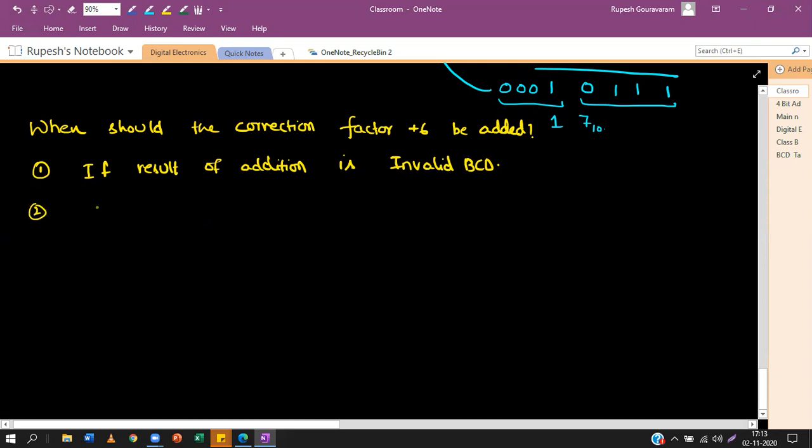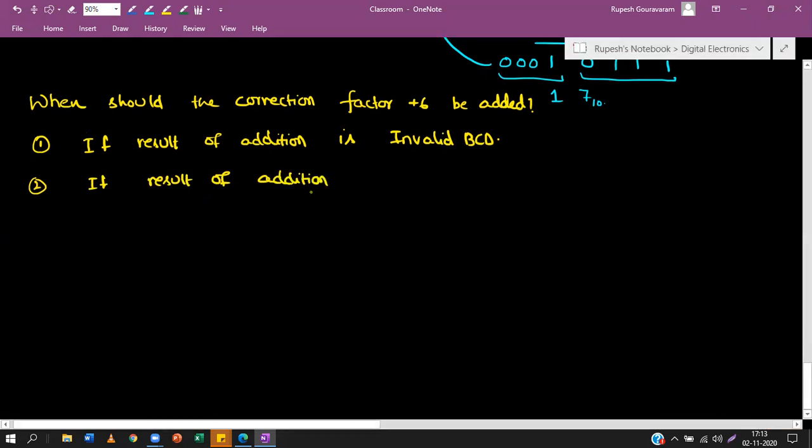And in the second case, the case we have seen here, the result of the addition produces a carry. In these two cases, we add 6 to get the actual value. So if these two cases are handled, then the result is correct BCD.